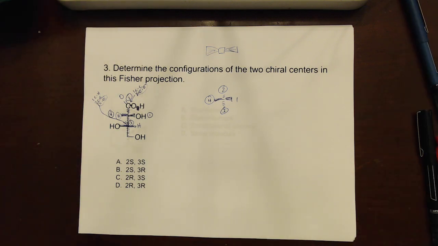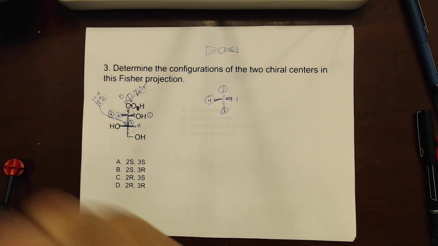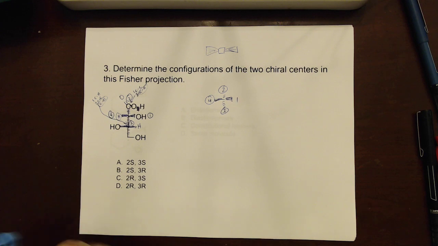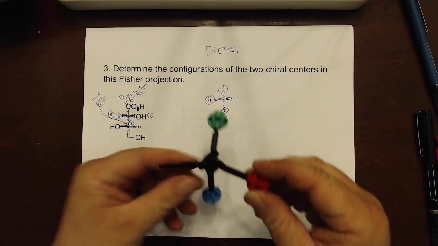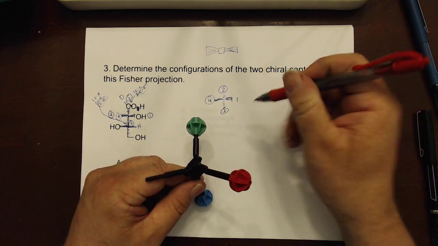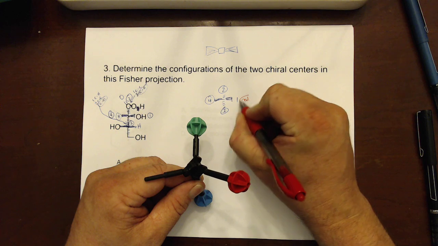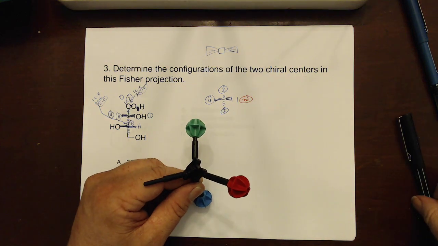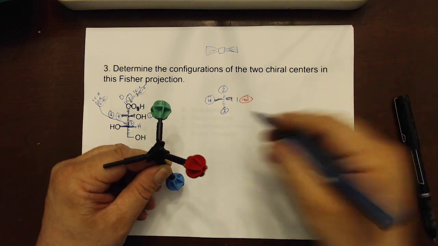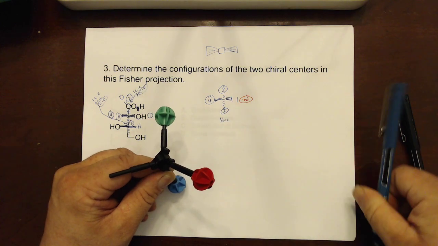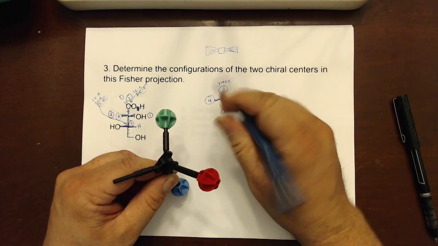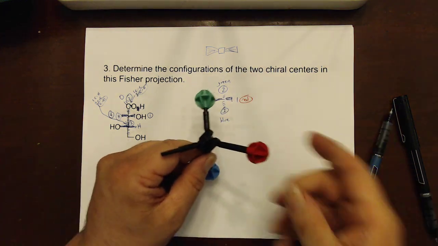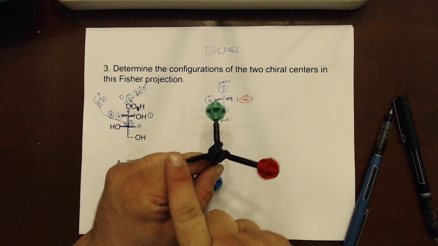Now, most people I know do the steering wheel method. I'll show you another one in a minute, but that's what seems like most people get taught. So we're going to have it go like this. Number 1 is going to be red. This is going to be blue, maybe. This is green. And this is our hydrogen. What we need to do is get this one behind.